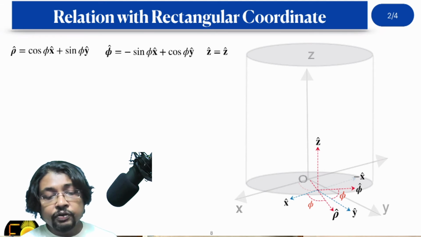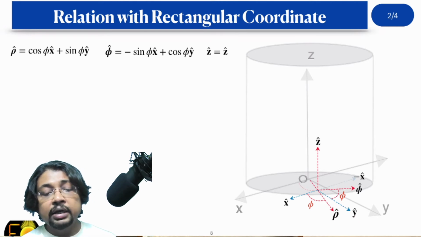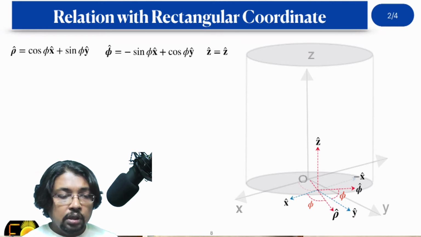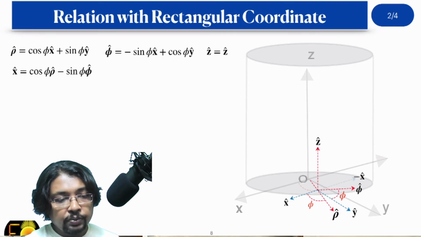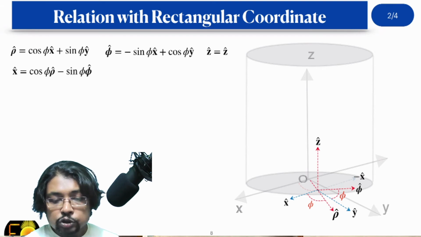Now what if you want to find out the x cap and y cap in terms of the phi and rho? First, the x cap. It means that you need to align the rho cap along the x direction. So obviously it will be equals to the previous one, that means the rho cap cos phi.